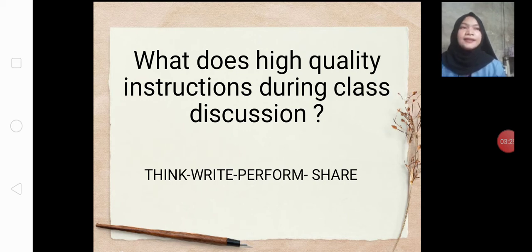Write: let your students write what they have learned, let them reflect on what they have learned. Then perform what you have learned, and of course to transfer or share the knowledge. So you need to perform in order to transfer the knowledge appropriately.